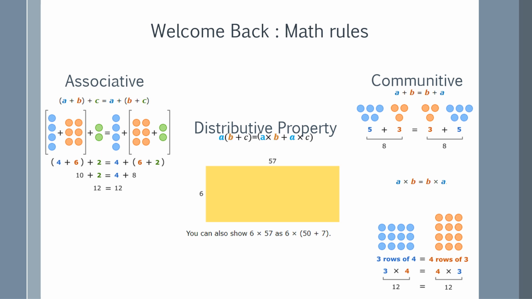Notice that when you add, it works, and for multiplication, it works too. Later on, in that incoming video, you're going to see why the commutative property works for addition and multiplication. So you see the examples there.